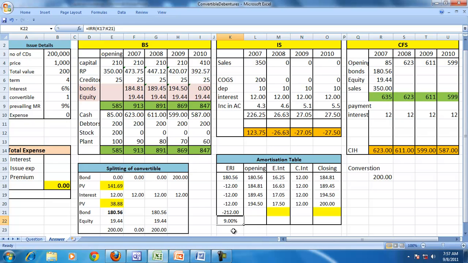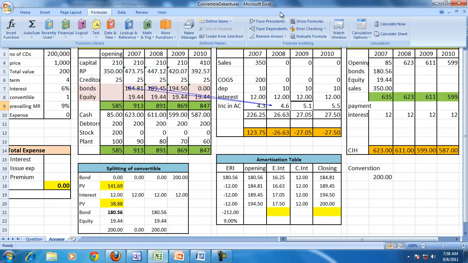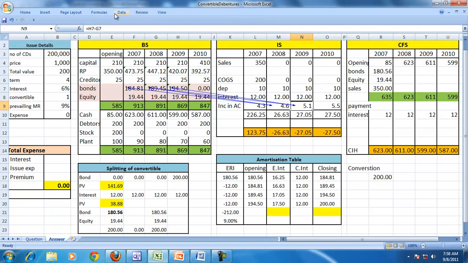An effective rate of interest is the internal rate of return calculated by taking the cash flows on the bond, the notional amount of the bond. The equity will continue to appear at the same value because it is not a financial instrument, whereas the bond value will keep on fluctuating because of the amortized cost, and the change in the value of the bond will be reflected or booked in the income statement.